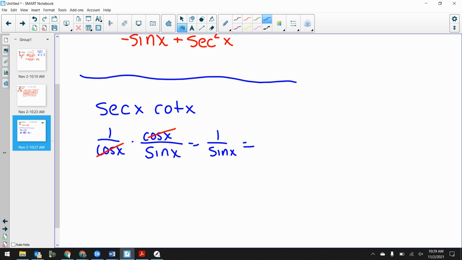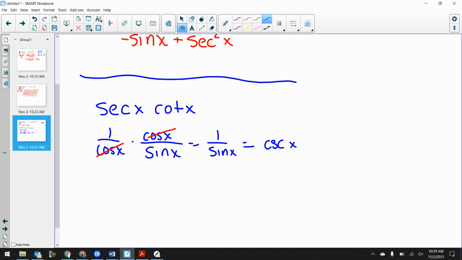Cosecant, right? 1 over sine is cosecant. Okay. So watch out for those instances where you may be able to cancel out a sine or a cosine somewhere with tangent.